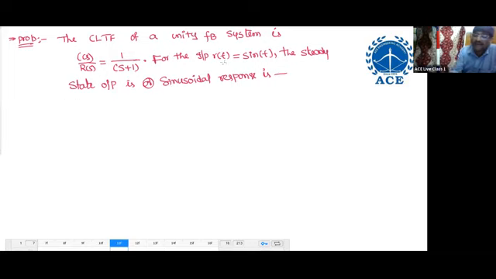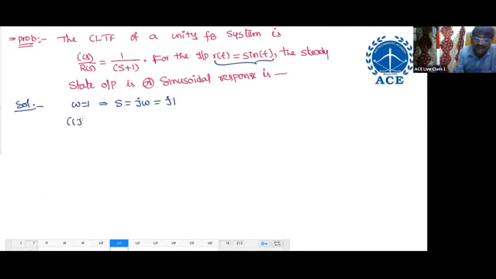First compare the input R of t equal to sin t with the standard form of input, sin of omega t, and find the omega value. Omega is 1. S equal to j omega, so S equal to j1.